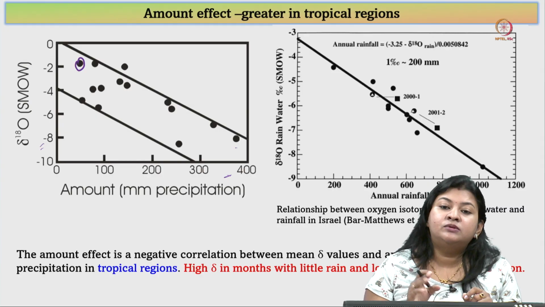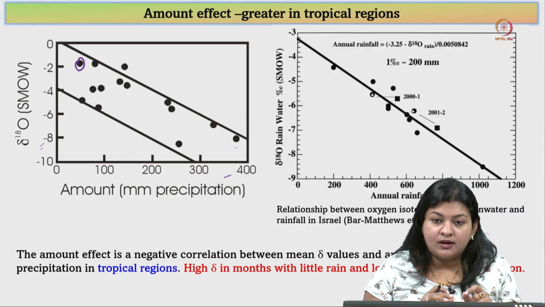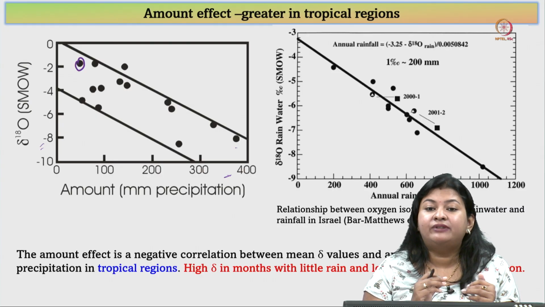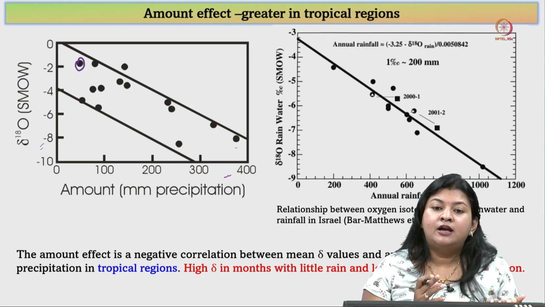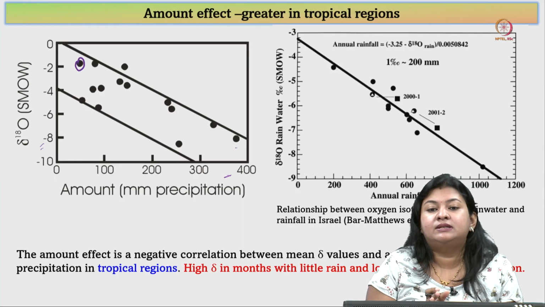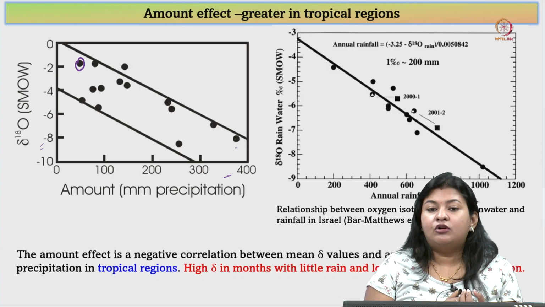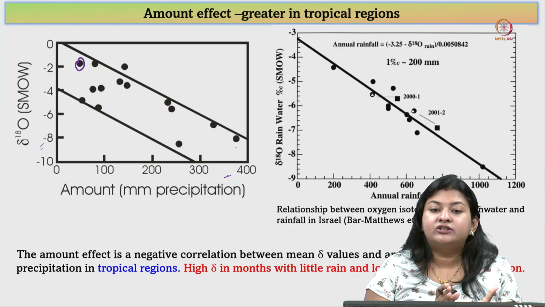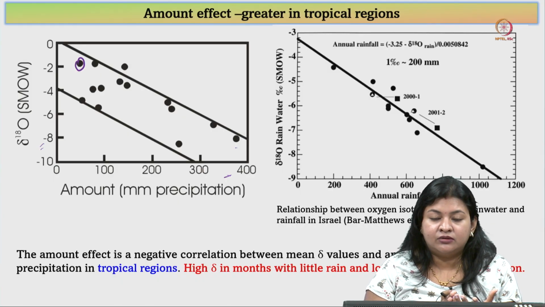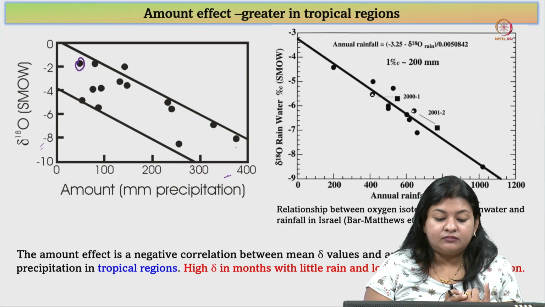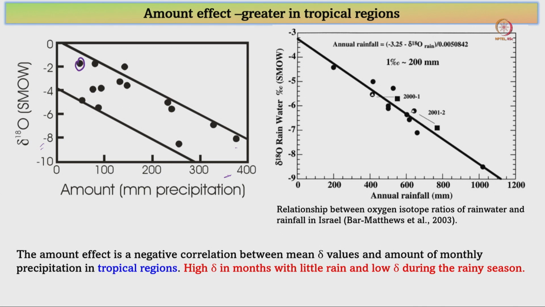And of course, in the poles it is always just snowfall, but there is less chance of fractionation, because there the vapor mass is already remaining with more of 16 oxygen and extremely less of 18 oxygen. So, the precipitation fractionation is not so significant. Therefore, in the tropics, latitude will not play a very big difference.